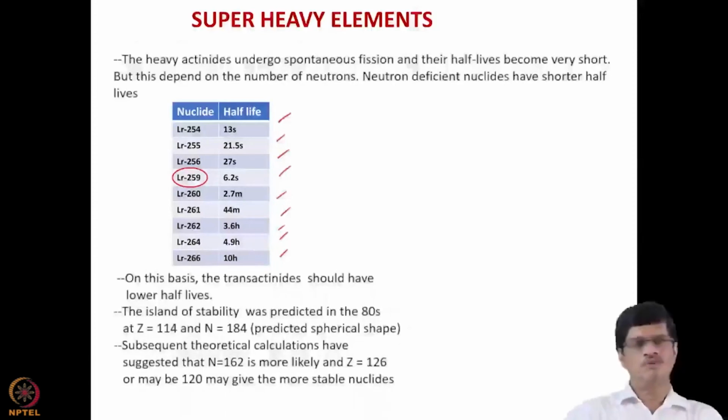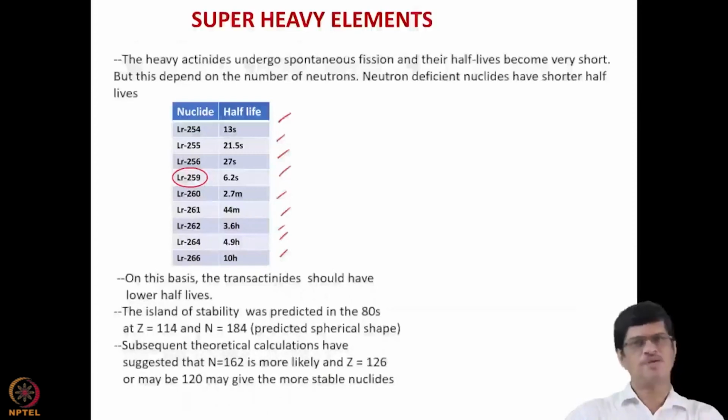Also, from the nuclear physics point of view, there was a prediction that there will be an island of stability, predicted on the basis of the shell model at Z of around 114, that is a proton number of 114, and a neutron number of 184.